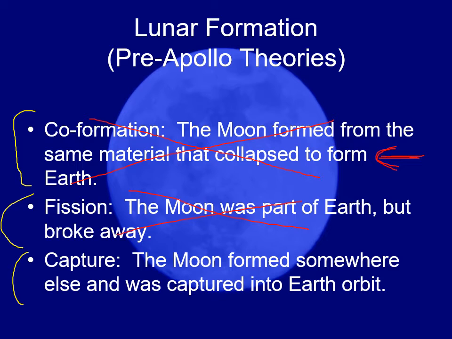And so that too does not fit with our observations. So these were the three ideas they had before the Apollo missions. All three were ruled out by findings from the Apollo program.